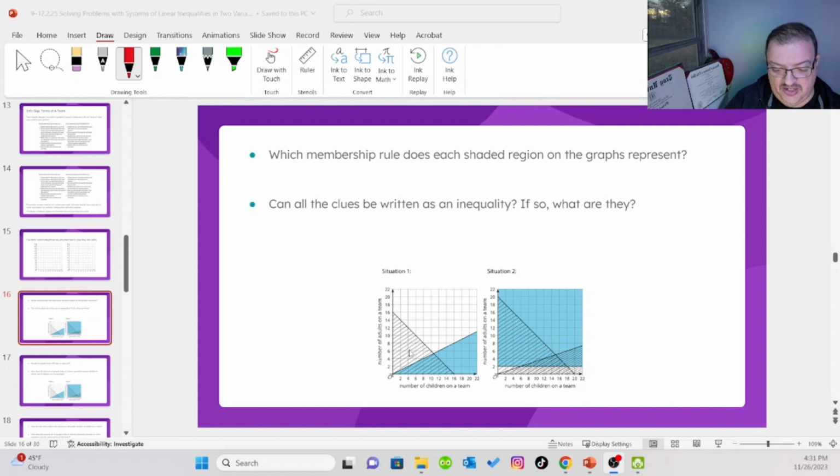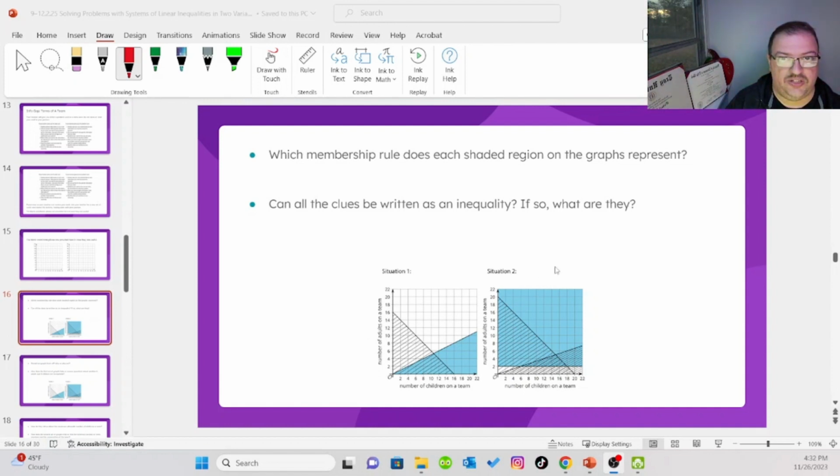The lined shaded area tells us we have 16 adults and no children, or 16 children and no adults. So the lined shaded region is the total number that could be on there. So our solution would need to be in this double shaded area.